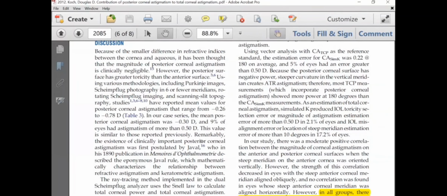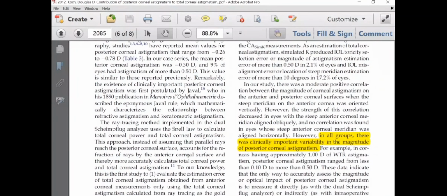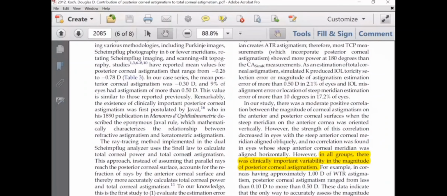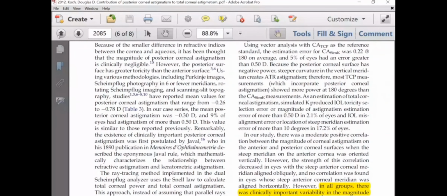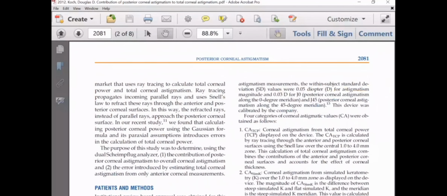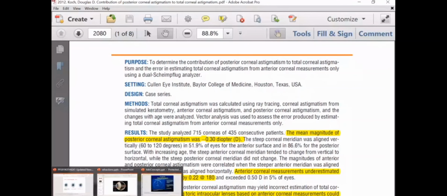And this was stated here for 86.6% of the eyes measured. Okay, so I just want to give you some further insight about posterior cornea astigmatism.